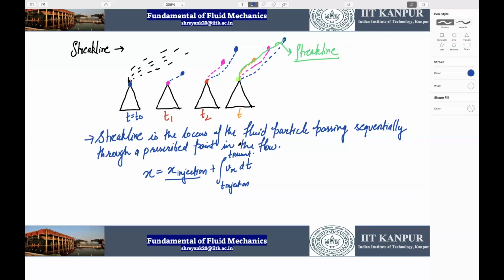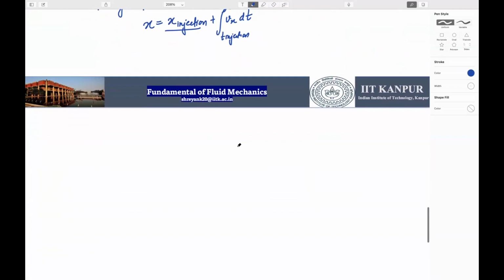Maybe we'll discuss one example for a streak line. We are given a velocity field that is x by t i cap plus y j cap.